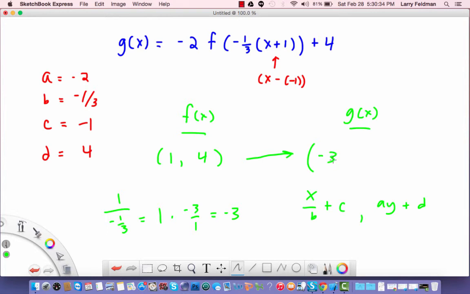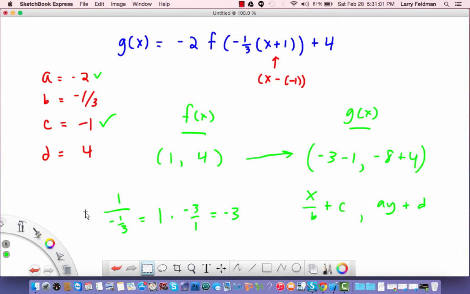So we get 1 divided by b, and then we have to add c, so we're subtracting 1 there because we're adding -1. And then the new y value comes from a times y, so we have -2 times 4 is -8, and then we add d, which is 4.